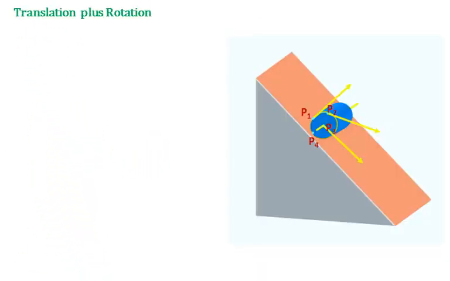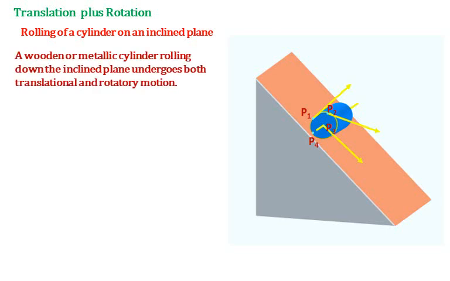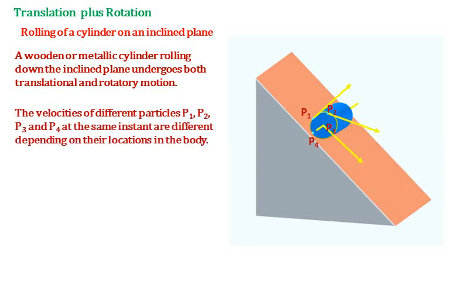Now, translation plus rotation. Both the motions you can see in the figure. Rolling of a cylinder on an inclined plane. A wooden or metallic cylinder rolling down the inclined plane undergoes both translational and rotational motion.